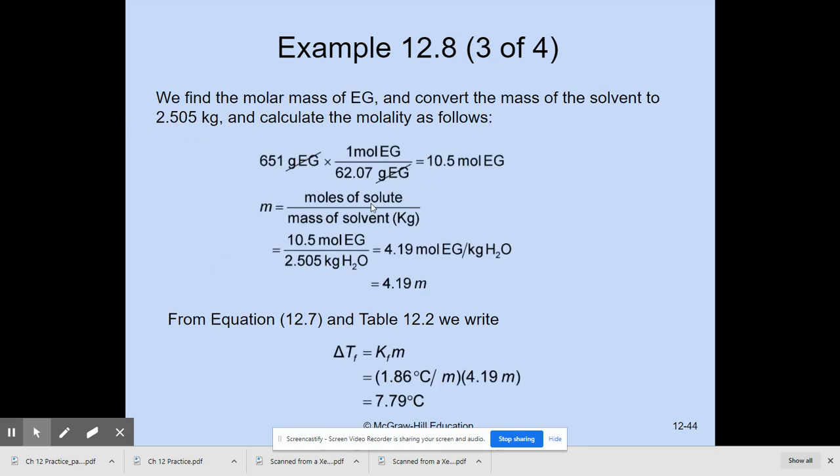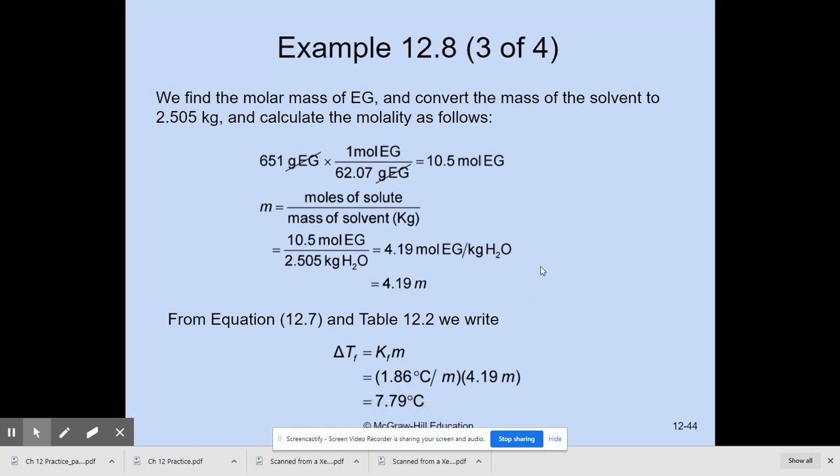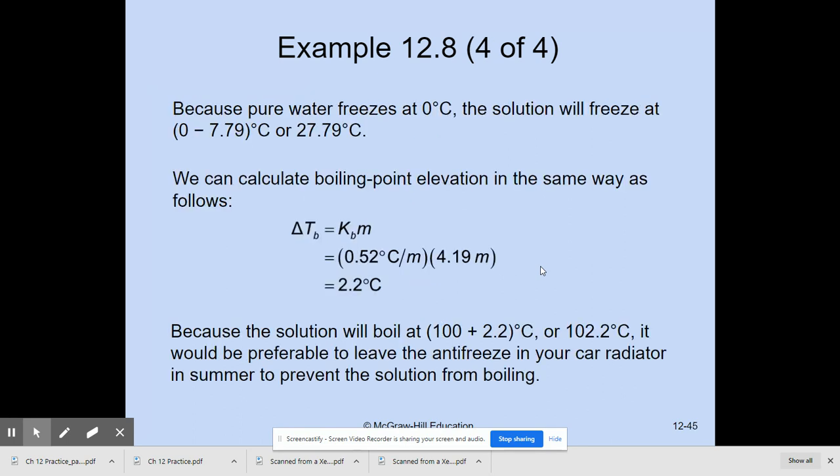Molality, again, moles divided by kilograms. So we can just plug in those values, do that normal math that we've done over and over again. So 4.19 molal, and then K from the table was 1.86 degrees Celsius per molal. Multiply 1.86 times 4.19, we get that the change in the temperature is 7.79 degrees Celsius.